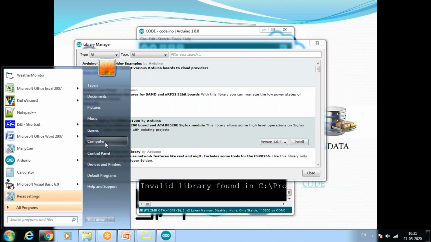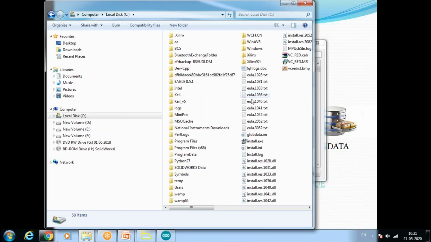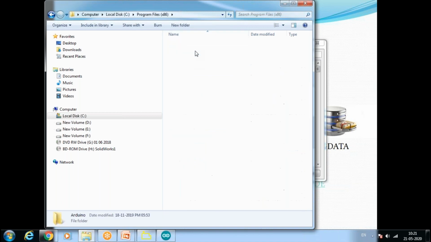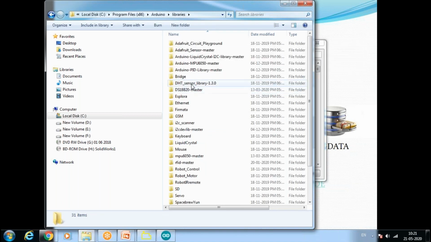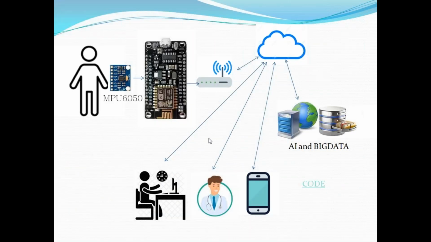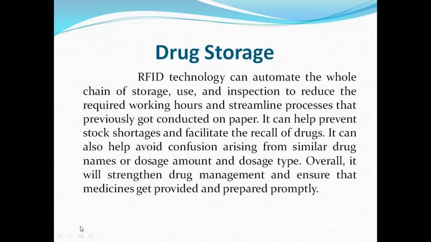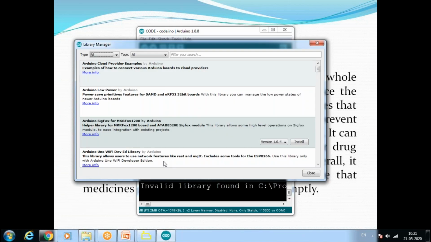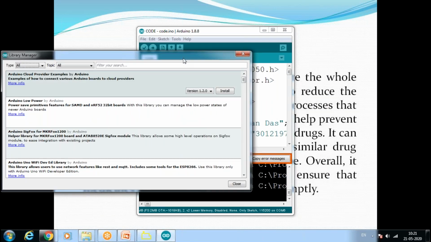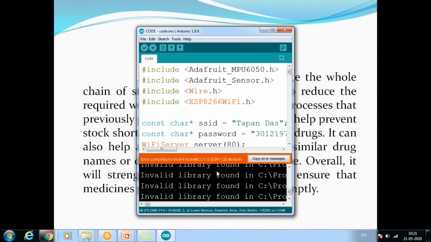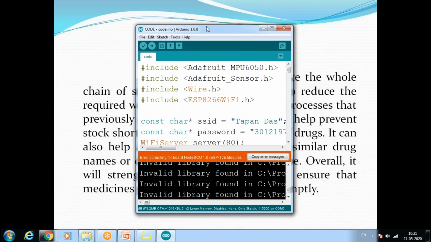Let me check whether this library is installed on my PC. Arduino, then libraries. Oh, okay, it is already there. Adafruit Sensor master is needed, and it is already there, but it is still giving a problem.